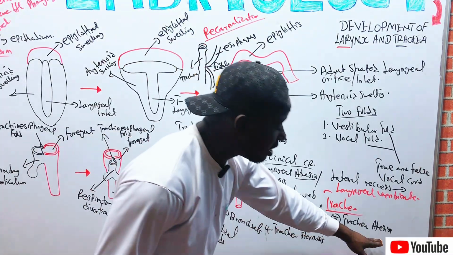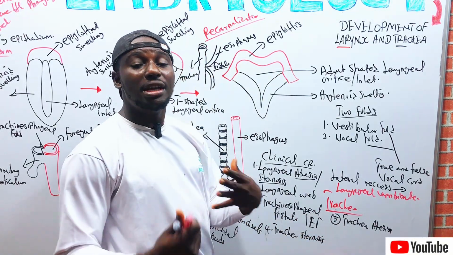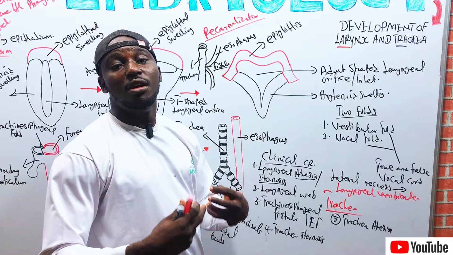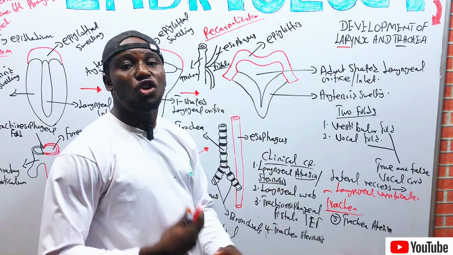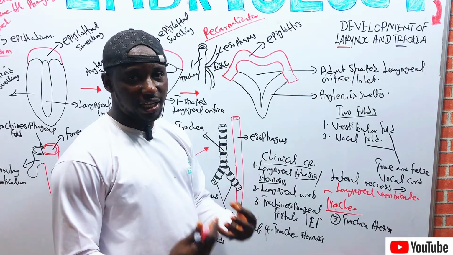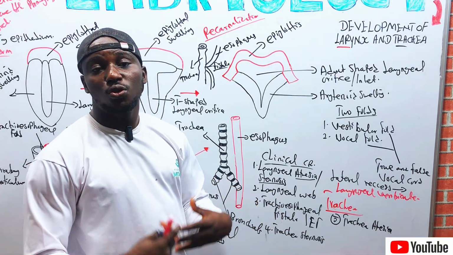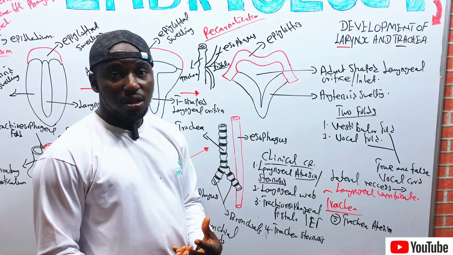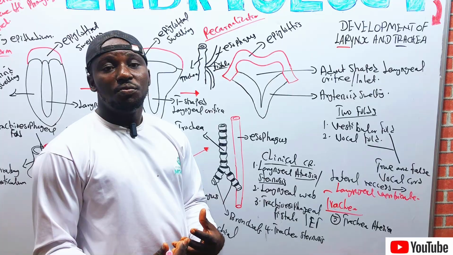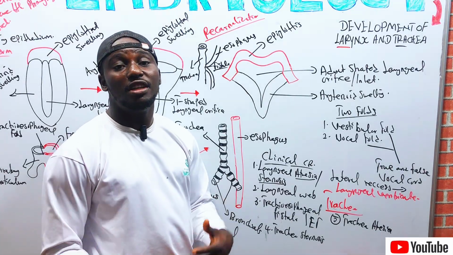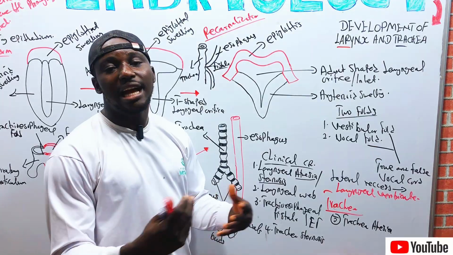So tracheal atresia occurs as a result of the presence of web-like tissue in the lumen of the trachea, thereby causing obstruction of the trachea. And recall that that membranous web-like tissue develops as a result of the proliferation of the endodermal cells that line the trachea.